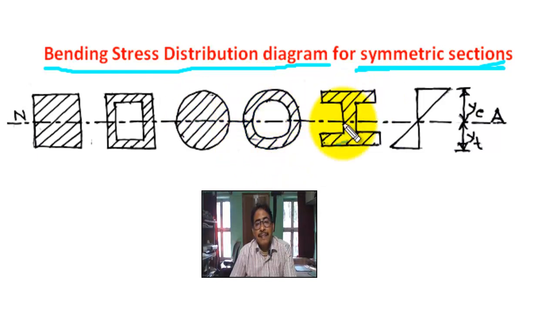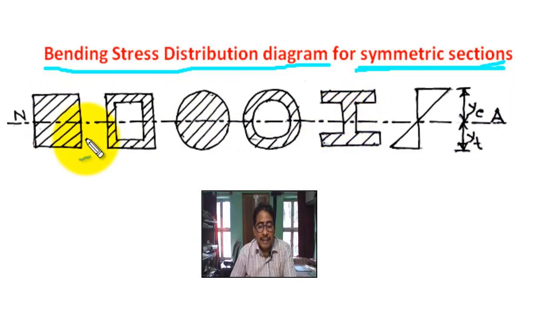This is the I section, maybe T section. This is the NA, neutral axis. All sections are symmetrical about both x and y axis. NA is the neutral axis.